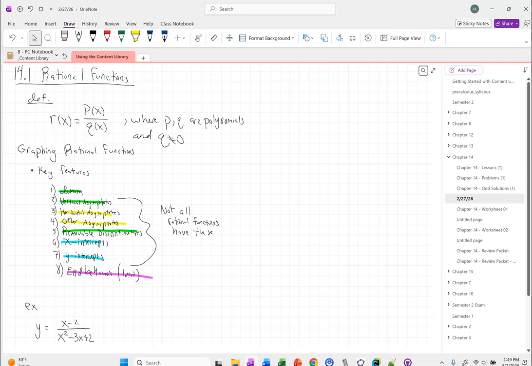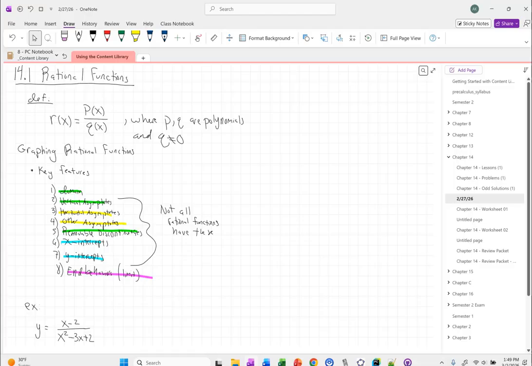So we're going to start talking about identifying the key features of a rational function. There's 8 key features that we're going to talk about here today: the domain, vertical asymptotes, horizontal asymptote, other asymptotes, removable discontinuities, x-intercepts, y-intercepts, and the end behavior using a limit as a descriptor.